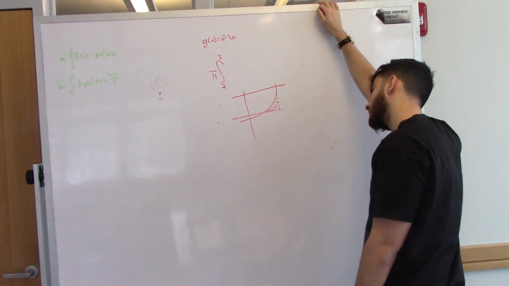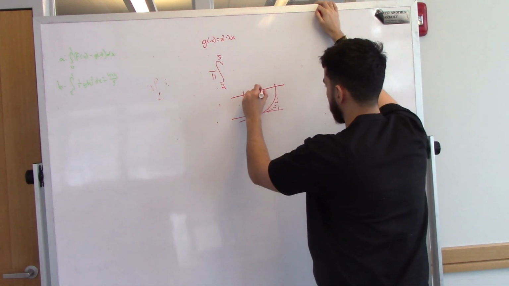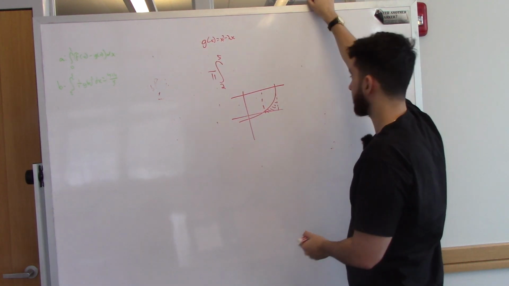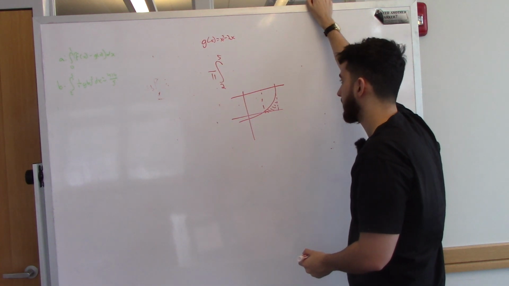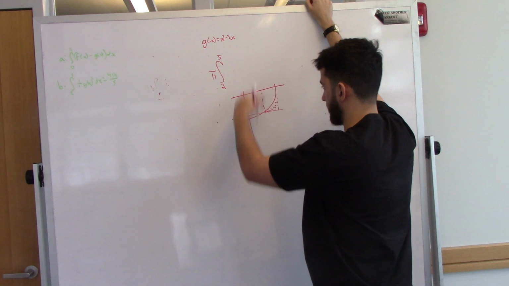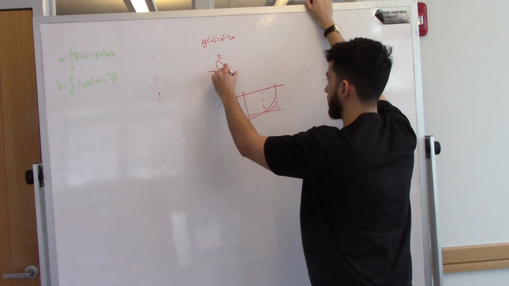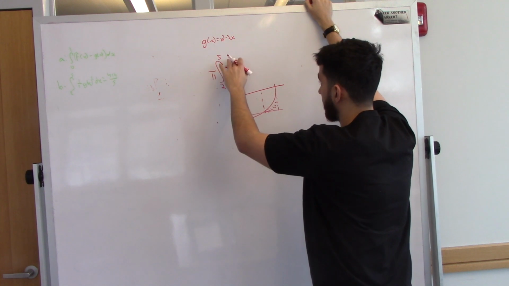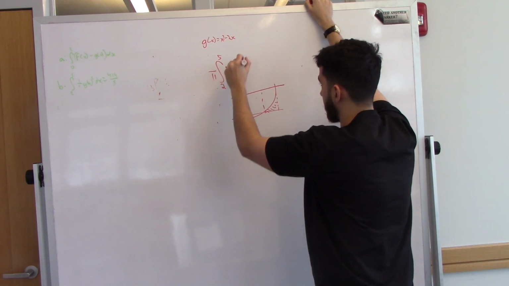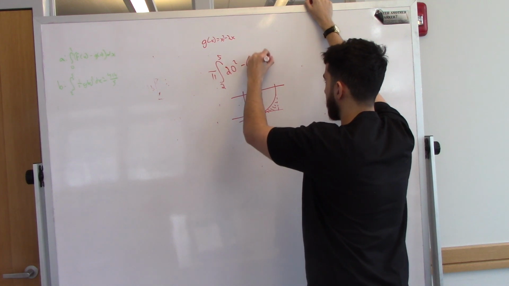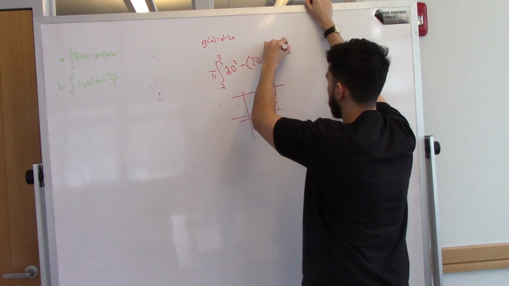Well, that means we're gonna have to do big R squared minus little r squared. Okay. So, that means we want the whole thing, which is gonna be 20 squared, because it's about the line y equals 20, right? Minus 20 minus g of x squared dx.